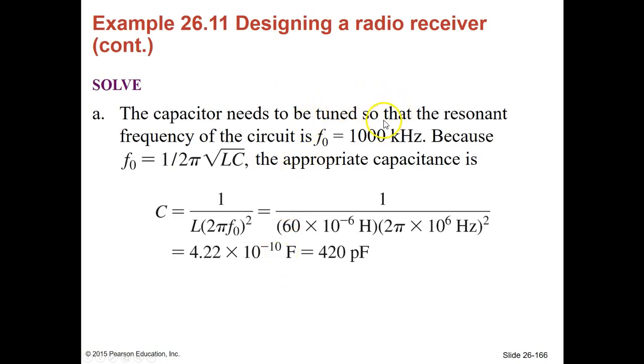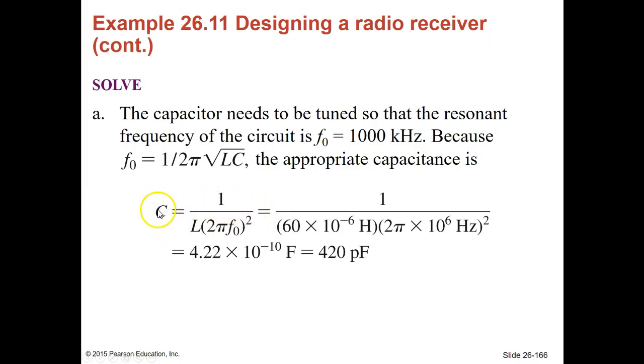The capacitor needs to be tuned so that the resonant frequency is 1000 kilohertz. So we know that that frequency is 1 over 2 pi times the square root of LC. We can solve for capacitance, which is C. We need to square both sides, then go ahead and do our substitutions.